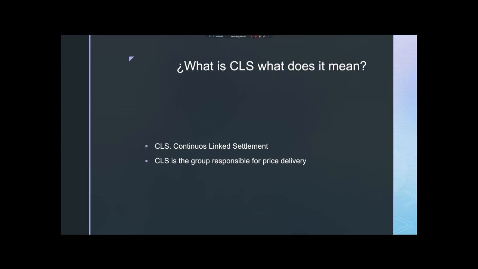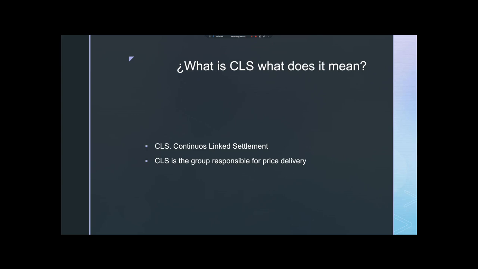Imagine the central bank. You may be asking, but what about the central bank? I'm going to tell you, the central bank doesn't deliver the price in the market. They don't distribute the orders in the market. They pay to the CLS, which is the company I'm explaining now, and from there, the CLS is the one that distributes the orders in the market.